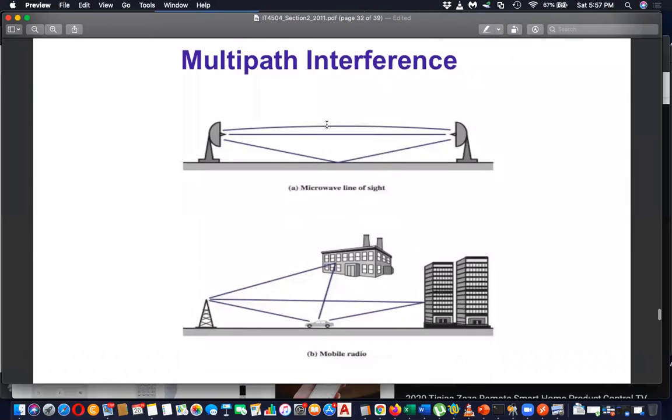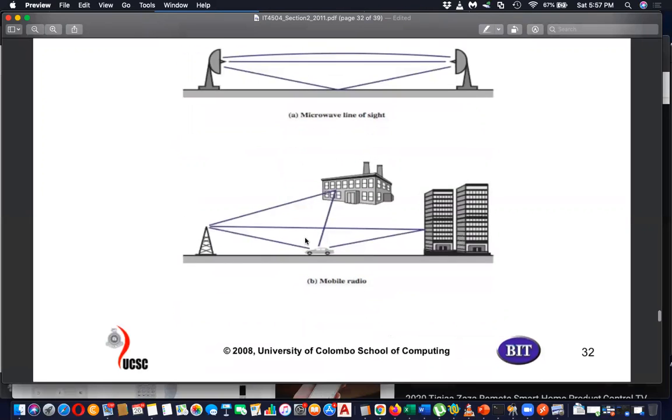This is multipath. Multipath means මෙහෙම යවන signal, you can see the top signal. And this is another signal. These signals go down, but after that, it will reflect and come. That's how you can hear 2 or 3 channels together. And this is again, so what will happen in mobile radio? So here, it will go here and come back.